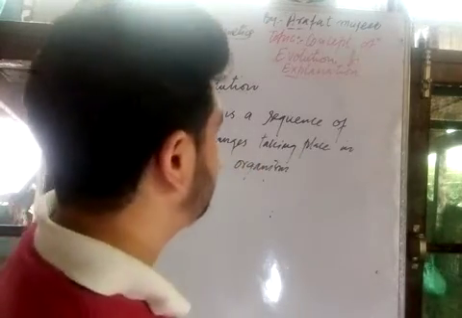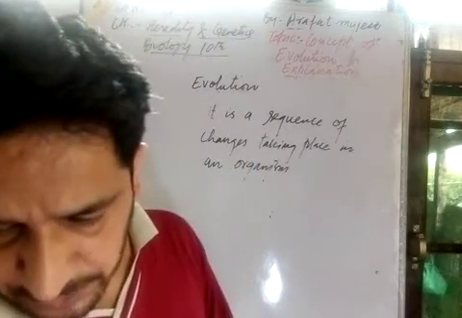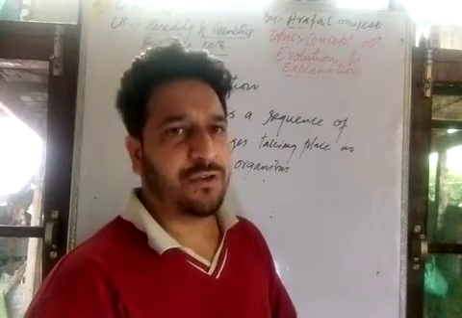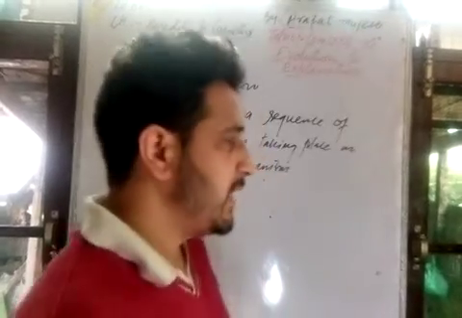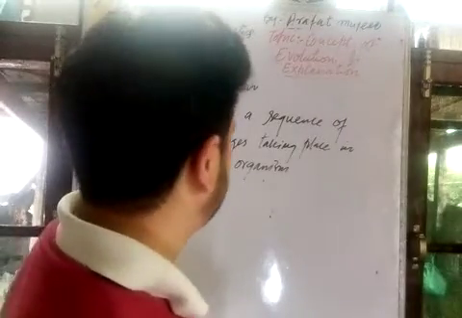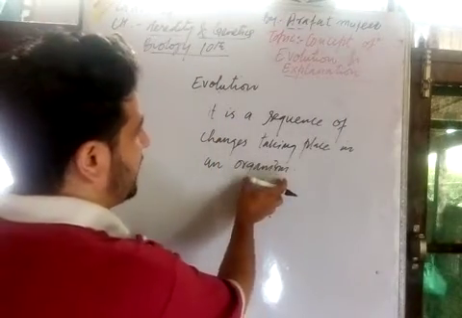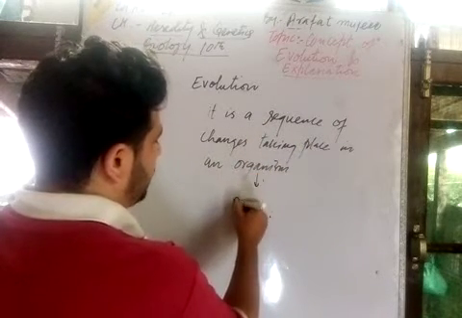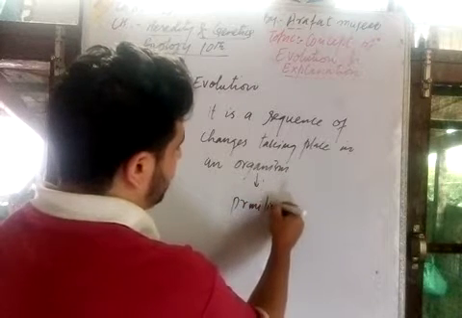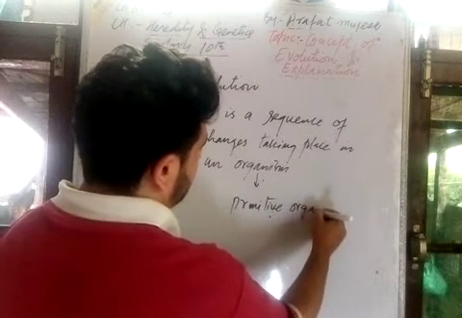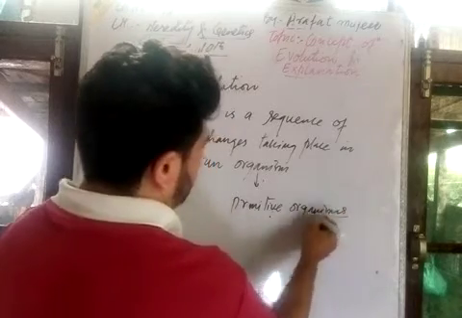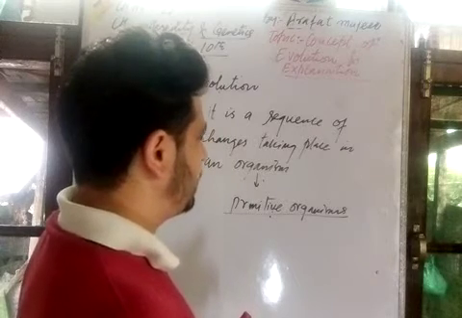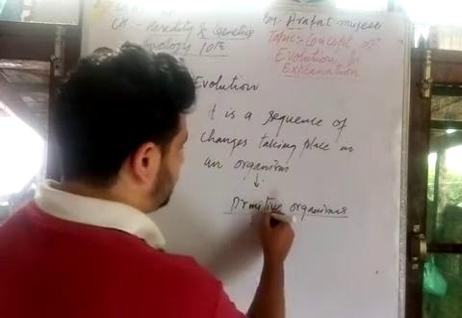एवोल्यूशन क्या होता है? एवोल्यूशन में हम देखते हैं कि जो ऑर्गेनिज्म होते हैं, इसमें सीक्वेंशियल चेंजेस आते हैं. ये sequential changes takes place in an organism. किस ऑर्गेनिज्म की मैं बात कर लूंगा? प्रिमिटिव ऑर्गेनिज्म्स, which millions of years ago had sequential changes in them.